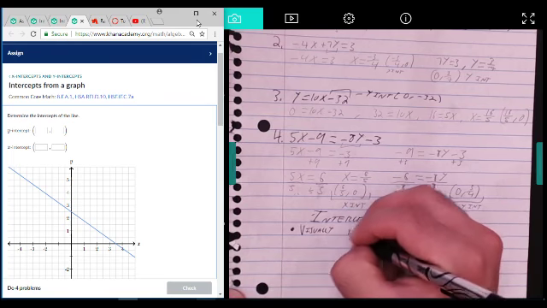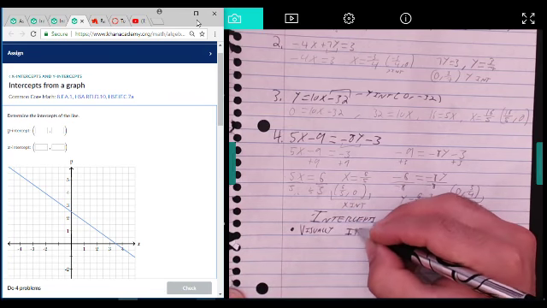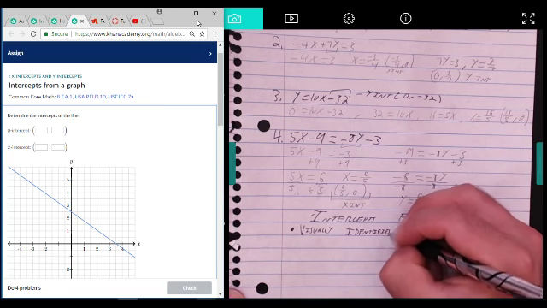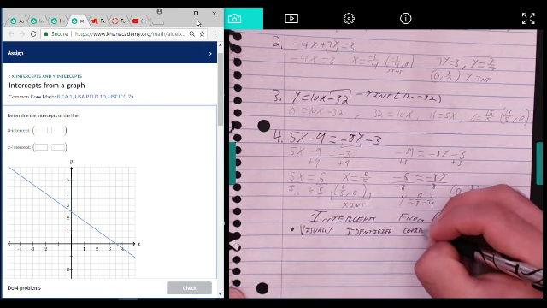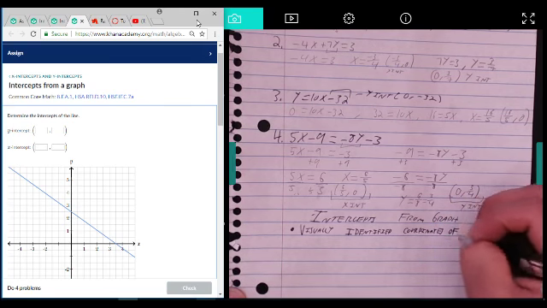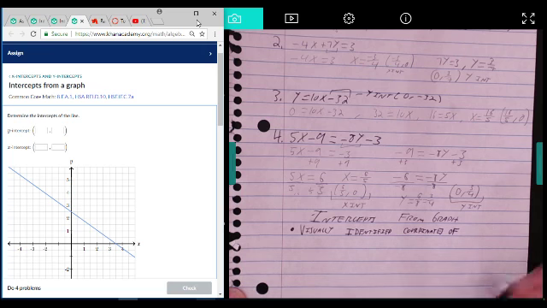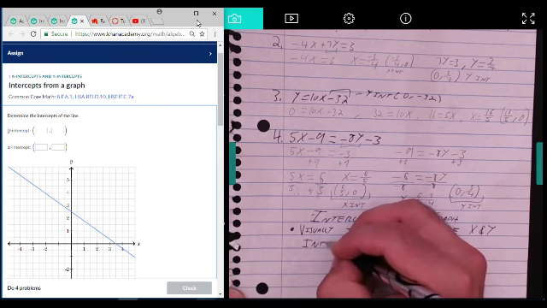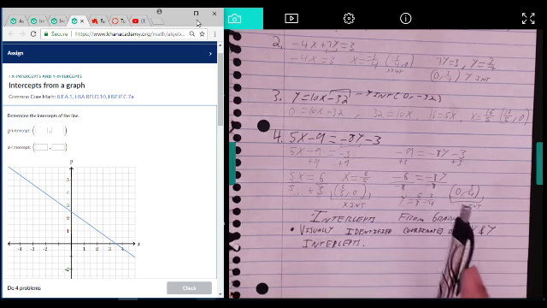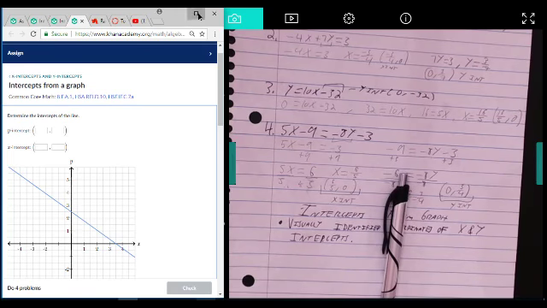Visually identified coordinates of x and y intercepts. All right, so let's get going without the document cam.